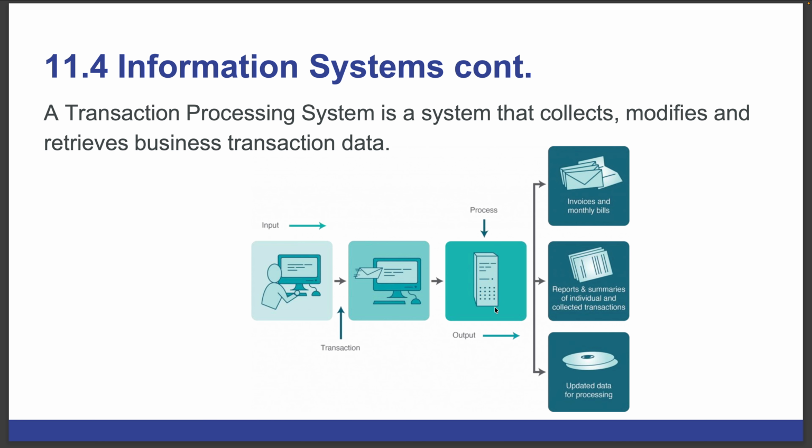So let's talk about the transaction processing system. It is a system that collects, modifies, and retrieves business transaction data. Now, we have a significant number of transaction processing systems which are very manual in nature.